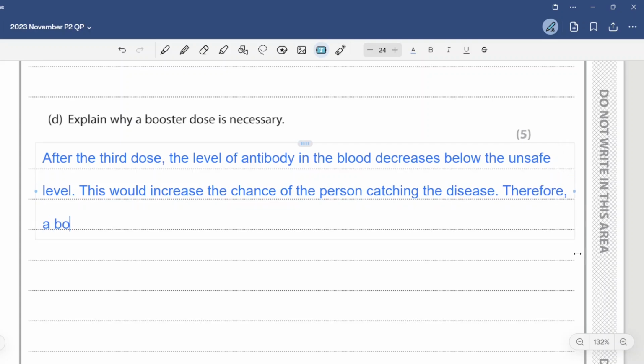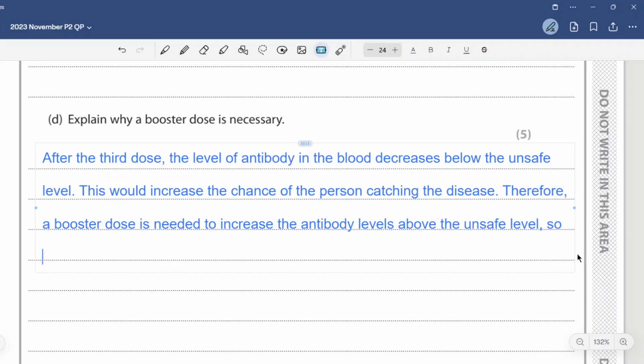Therefore, a booster dose is needed to increase the antibody levels above the unsafe level, so that the person would be more immune to the disease.